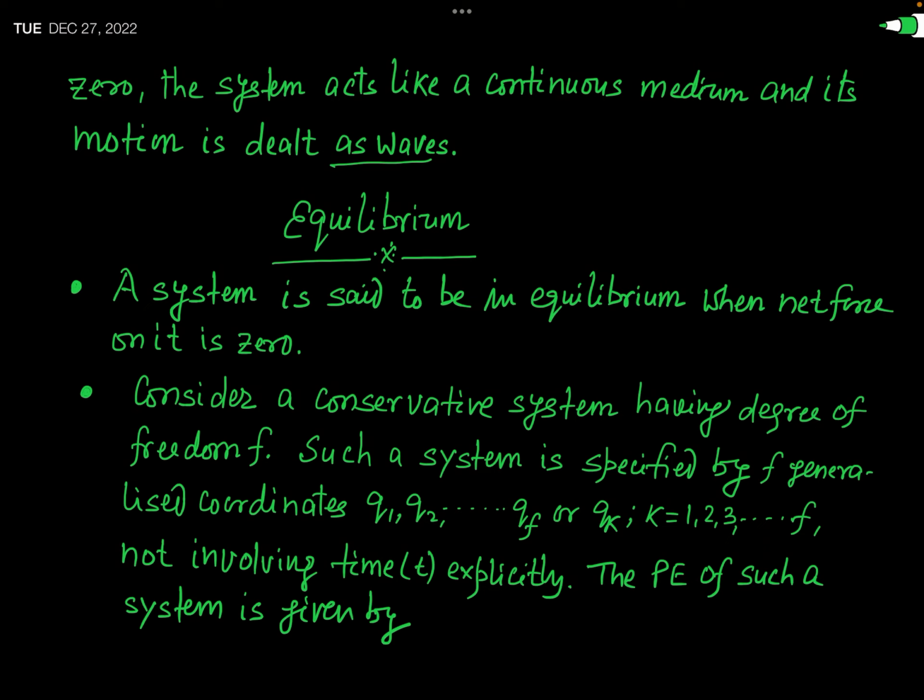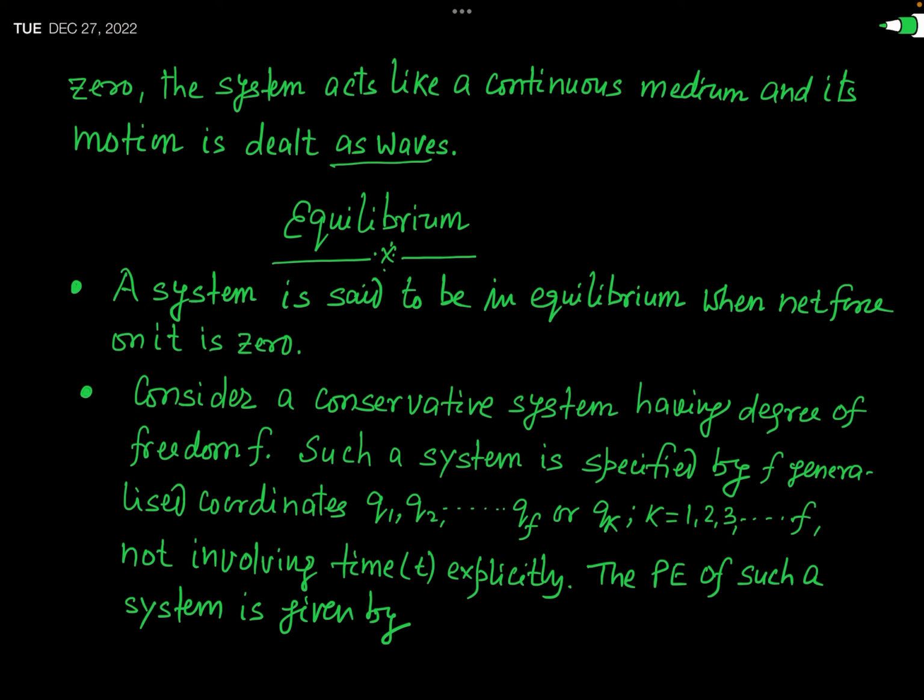Okay, and this is actually also seen if you plot a graph between a particular value of the generalized coordinate Qk and V, and let us say that this is our curve. Then del V by del Qk means what? At any position, del V by del Qk represents the slope of the curve at that point. So you can also say that if the slope of the V versus Qk curve, which is actually called the potential energy curve, is equal to 0, at that point the system is in equilibrium.